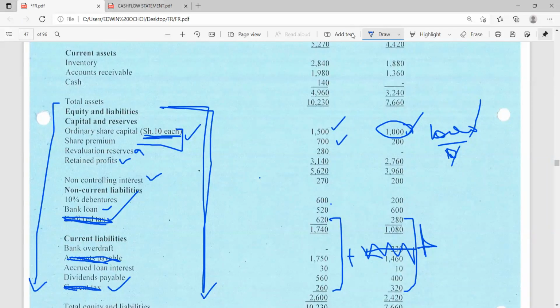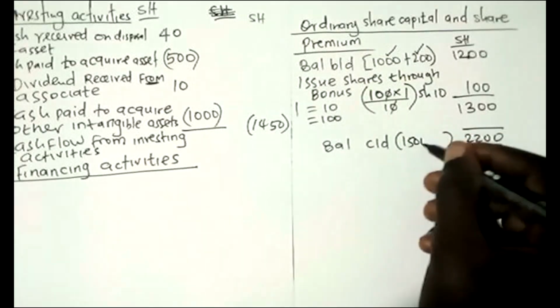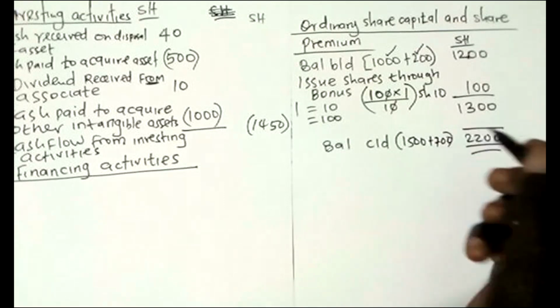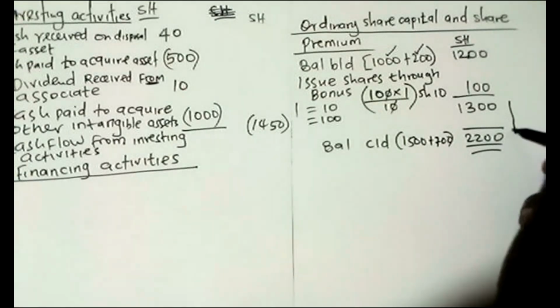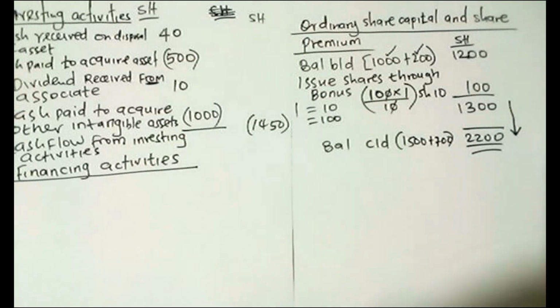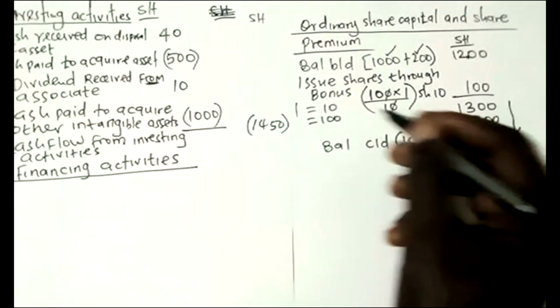That is 2,200. Students, you can see it's 2,200, and that shows there's an increase from 1,300 to 2,200. That is an extra amount they generated, amounting to 900. And this one was through issue of shares.